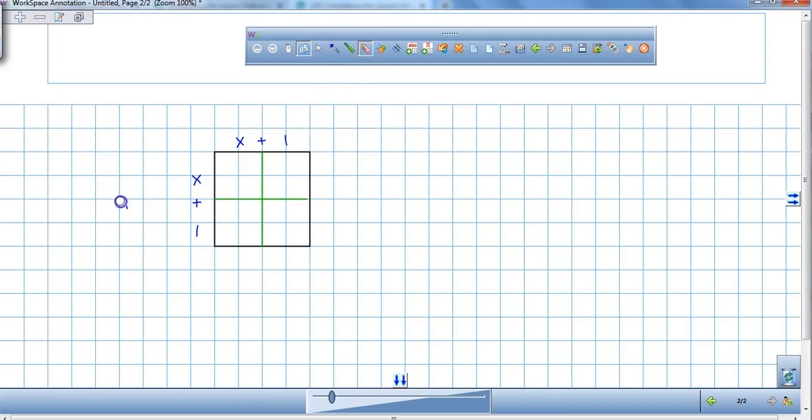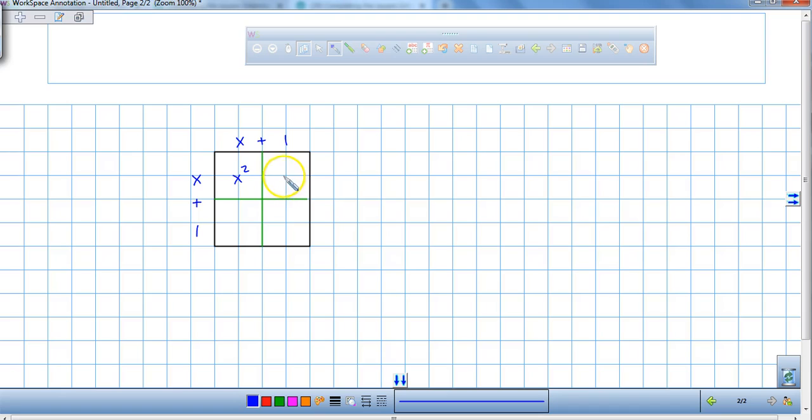And when you're multiplying two binomials, it's the FOIL method, but this is also known as the array method. We would do x times x, which is x squared, x times 1, which is x, x times 1, which is x, and 1 times 1, which is 1. This becomes x squared plus 2x plus 1, since you have an x and an x, a total of 2 x's.